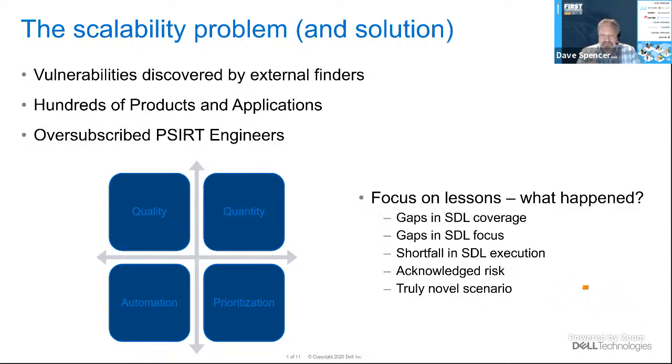We want to be able to take every issue and categorize it into one of these buckets. The question became, how do we approach the problem in a way that lets us answer those questions for the highest number of vulnerabilities possible? And so that drove us to focus more on the quantity side of the equation, as opposed to doing a deep analysis on the quality side of the equation.